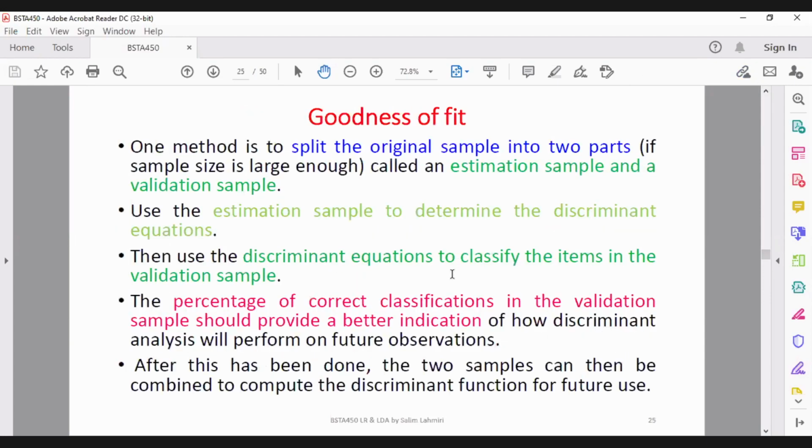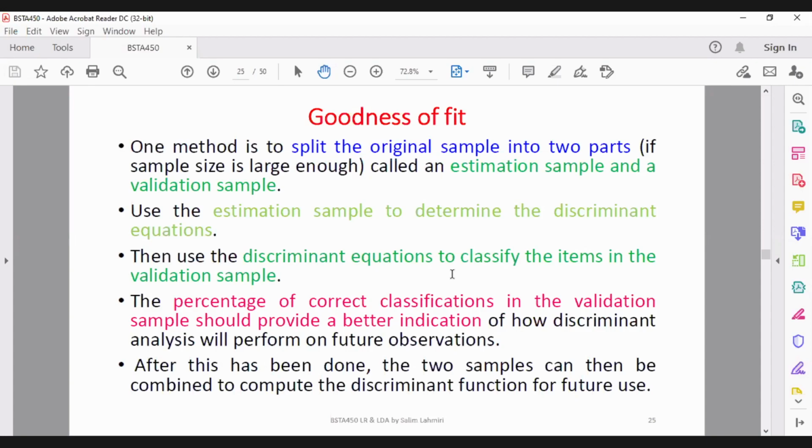So in discriminant analysis, we use the estimation sample to determine the discriminant equation, calculating D equal to B0 plus B1, Bk, and so on. And then use discriminant equations to classify the subjects in the validation sample.